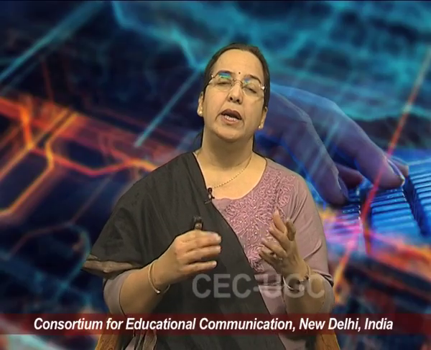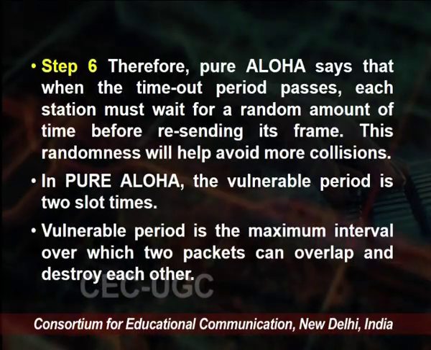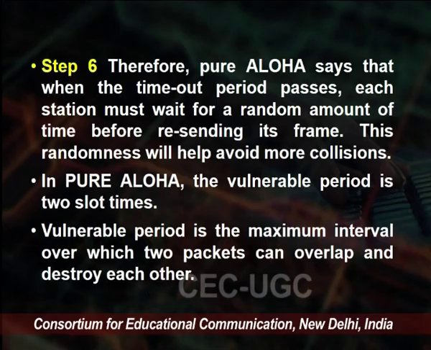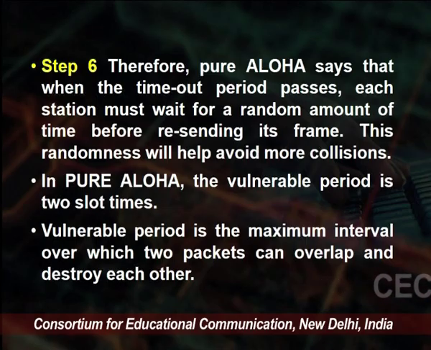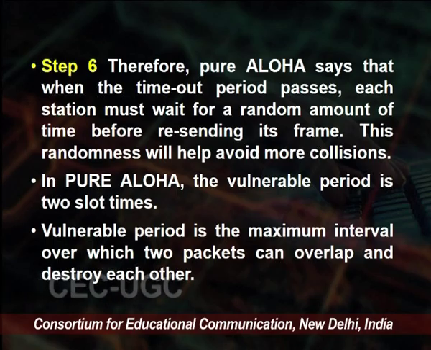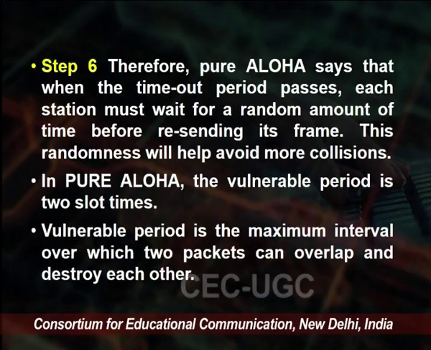Now, in these kinds of situations, when there is a collision, we need to look into one important term, which is known as the vulnerable period. What is that period? It is the maximum interval over which two packets can overlap and destroy each other. I repeat this definition: the vulnerable period is the maximum interval over which two packets can overlap and destroy each other.